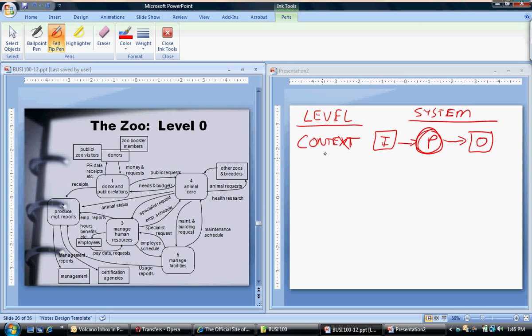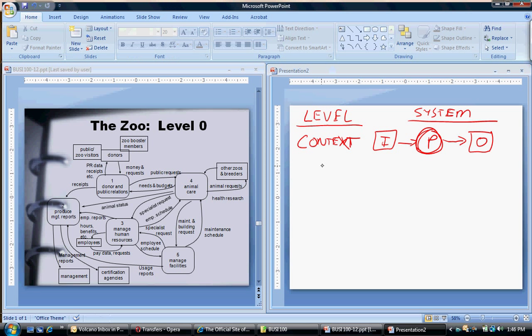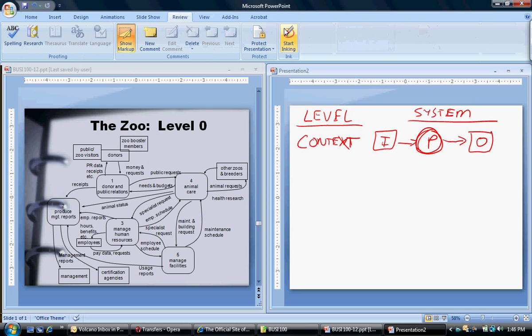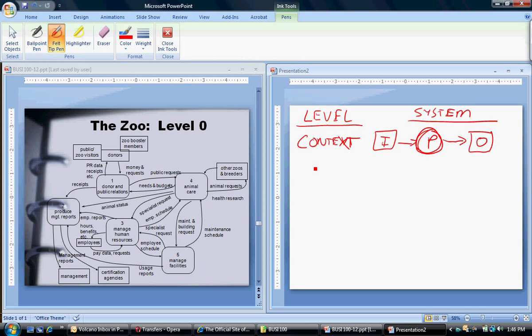Now the level 0, go back over here. Looks like I lost my inking. The level 0 takes the basic high-level processes and starts to map out what they do and how they communicate with each other.